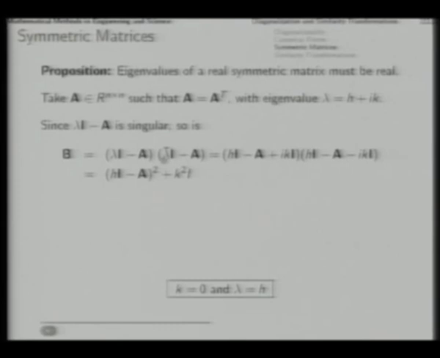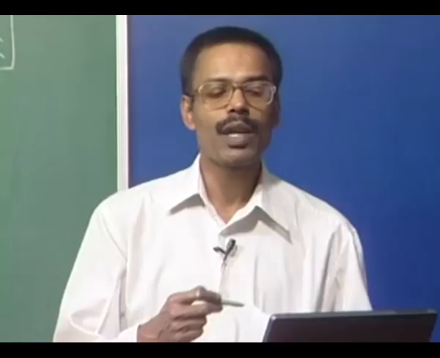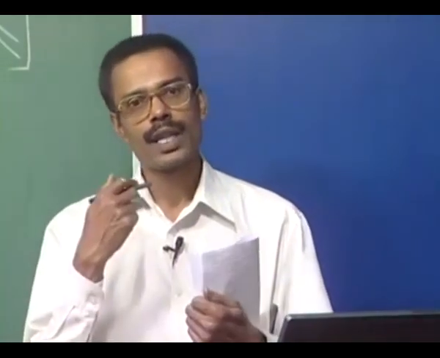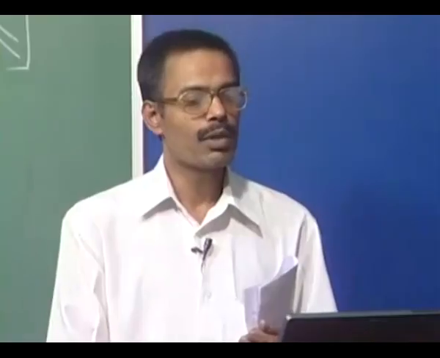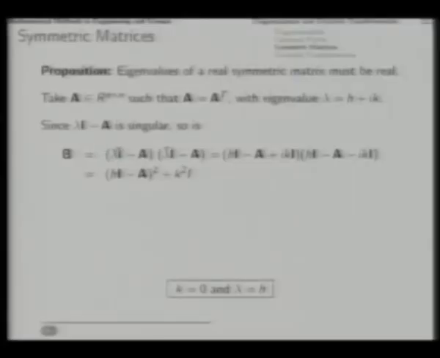Now note what we have put here to multiply with lambda I minus A: lambda bar I minus A, because we want to establish something in terms of real quantities. We want to kill whatever complex imaginary stuff is here, and therefore we bring in the complex conjugate. Now use lambda equal to h plus ik. If we insert that here and expand, lambda is h plus ik, lambda bar will be h minus ik.